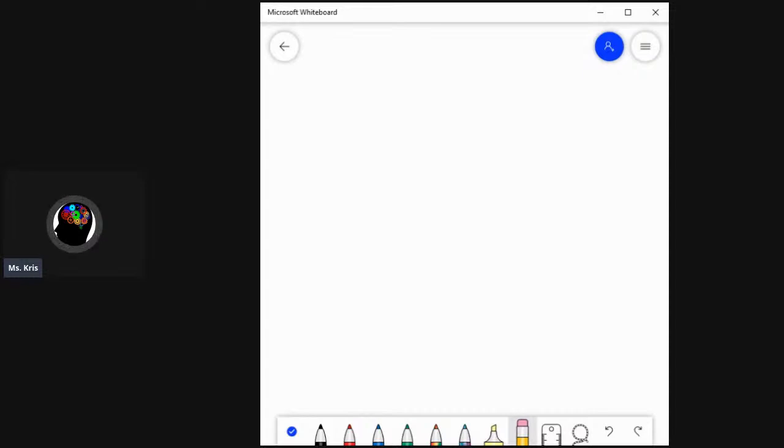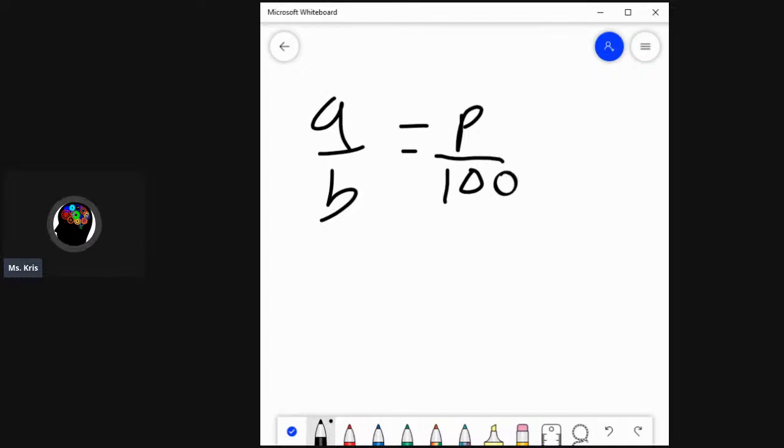So how do I solve this question? Well, if A is over B, then P as the percent must be over 100. So how do I get my percentage?